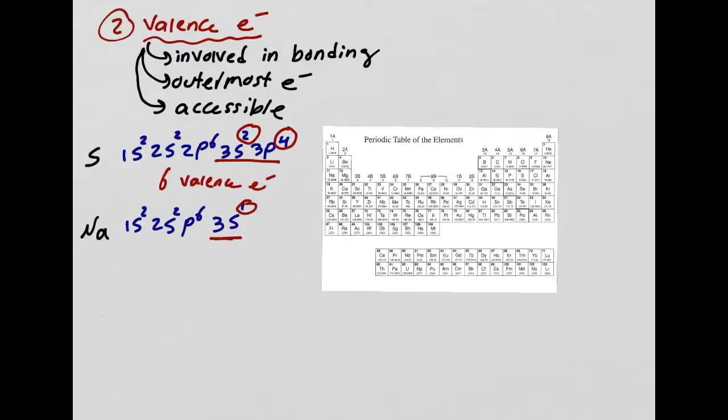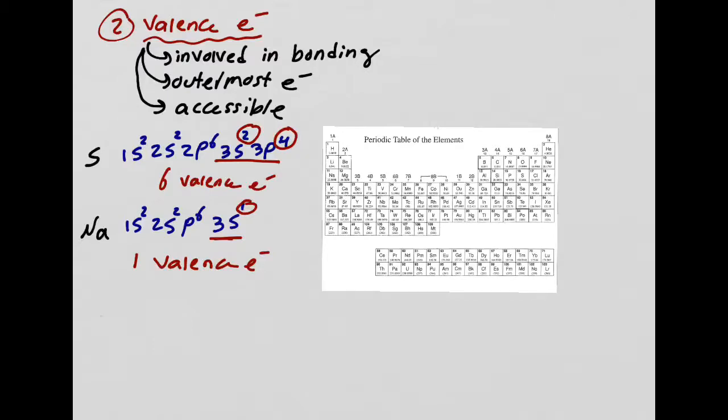So sodium has 1 valence electron. Valence electrons are far away from the nucleus, and they're involved in bonding because they can't feel the plus. They are accessible. They can do stuff.